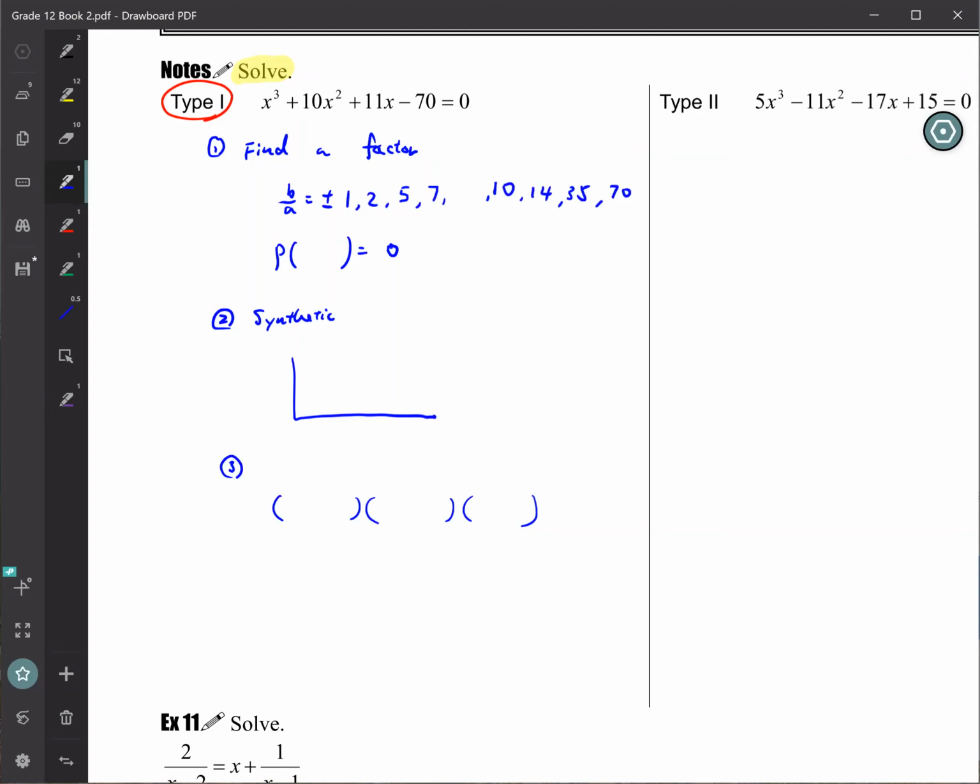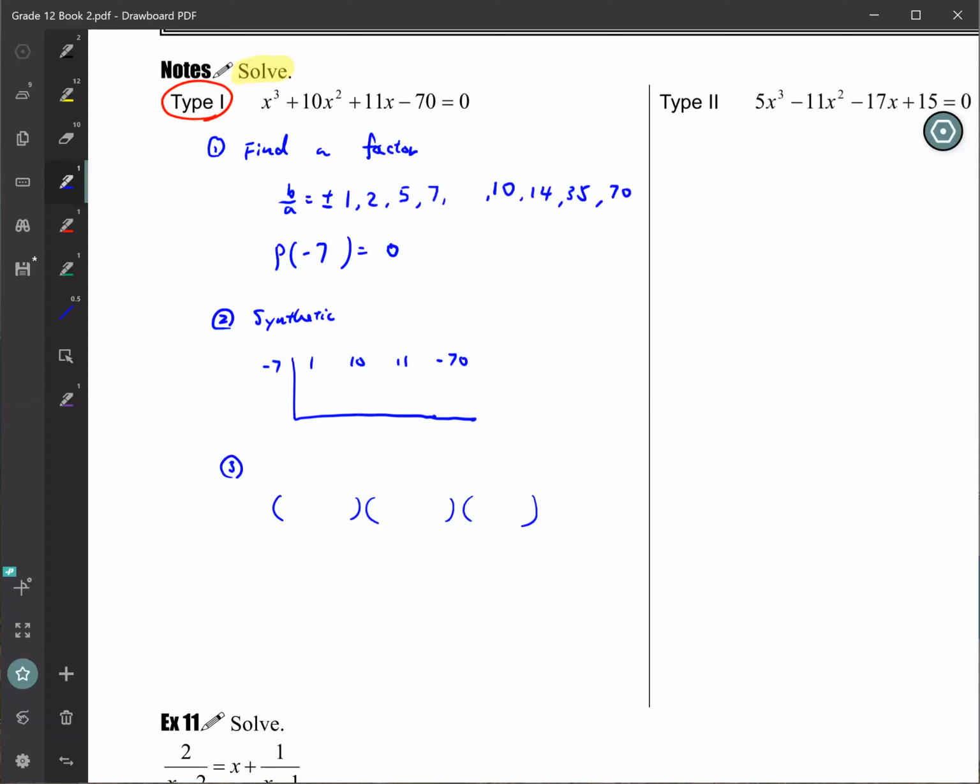Okay, Cindy, what's the first number that makes it equal to 0? What did you use? -7. Okay, I'll use that to start then. So -7, 1, 10, 11, -70. You can keep going if you haven't got to the 3 brackets.